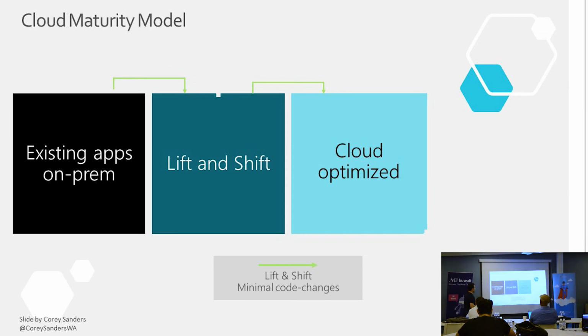After that, you can go and do something called cloud optimization. So you are optimizing your code or your application for the cloud. Also, this is with a minimal code change.